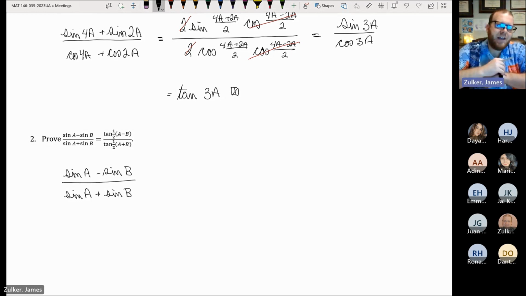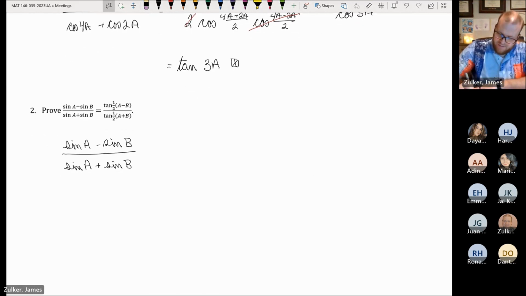And so start with sine of a minus sine of b over sine of a plus sine of b here. Going to use the sum to product on sine, right? So the numerator is the difference.